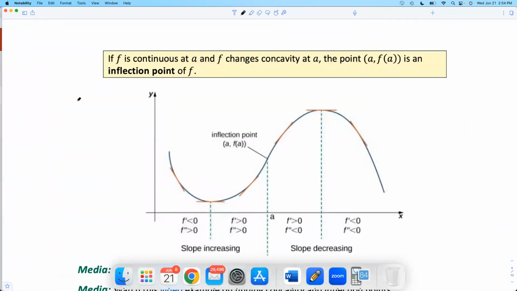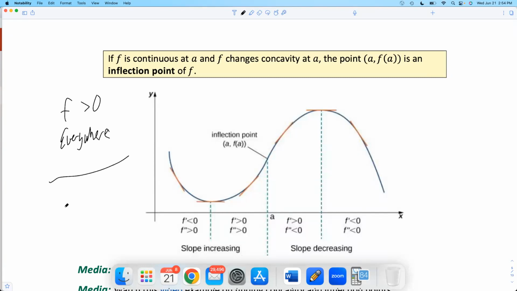F, the original function, is positive everywhere. Everywhere you look, it's always positive, because I'm above the axis.